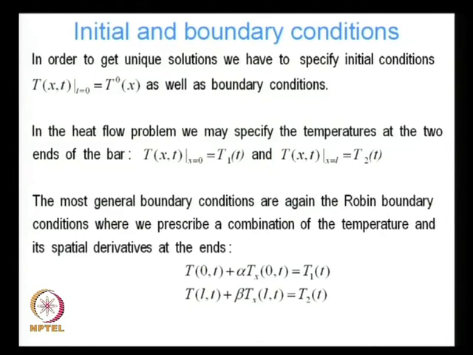So it is a straightforward Dirichlet boundary condition, but you can have a combination of the temperature as well as its derivative specified at the boundary, the most general form of the boundary condition. Even under these conditions the problem is still well posed and it is still possible to get a solution for the heat equation.